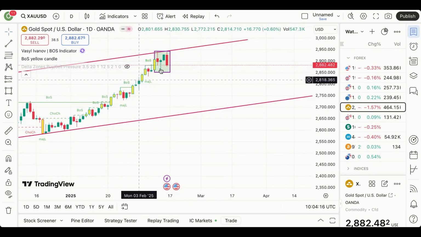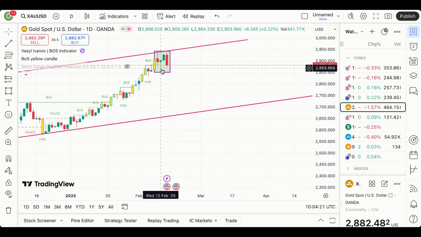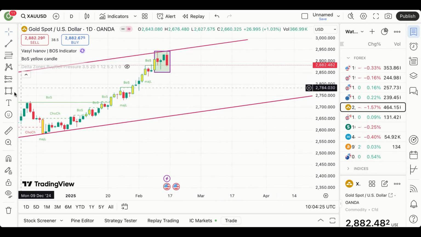So this is the candle. So what we should look for right now is to always have it in the back of your mind that it will go to two directions, upside or downside.